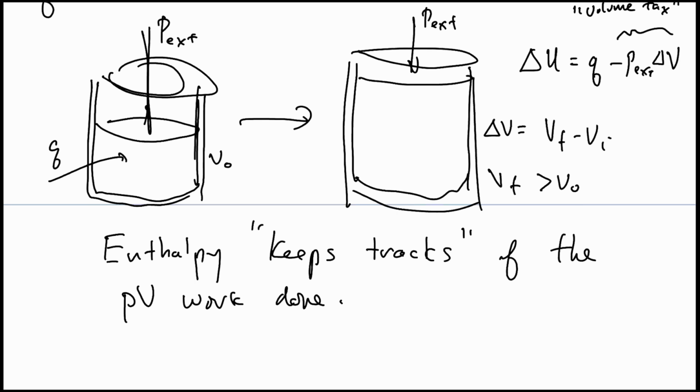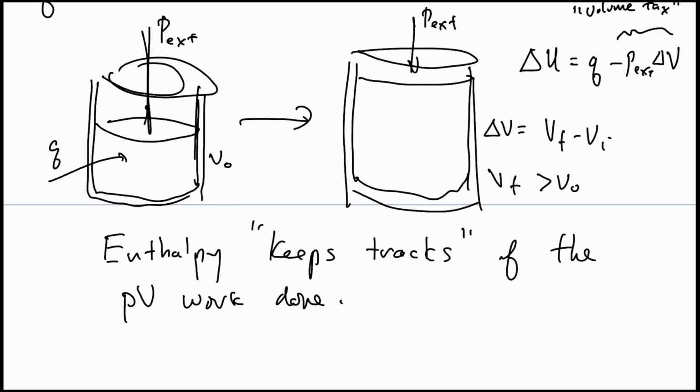Like all your benefits have been taken out, and here's what you get. I don't know about you, but I have a lot of electronic leeches attached to my paycheck. This for the benefits, this for the more, all the stuff comes out, right? Enthalpy is like that. It keeps track of the fact that in the background, there's stuff going on.